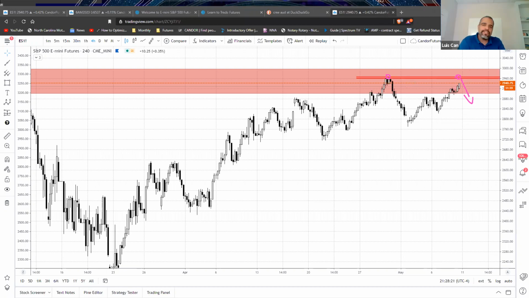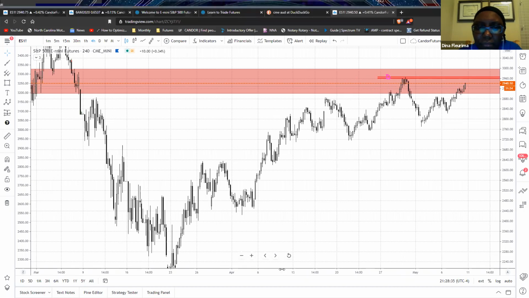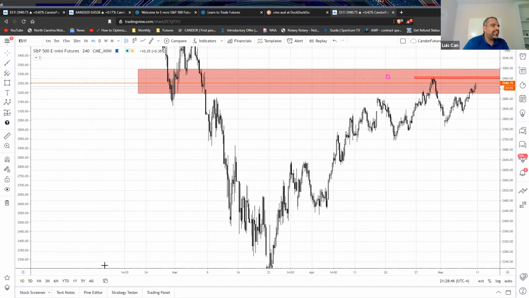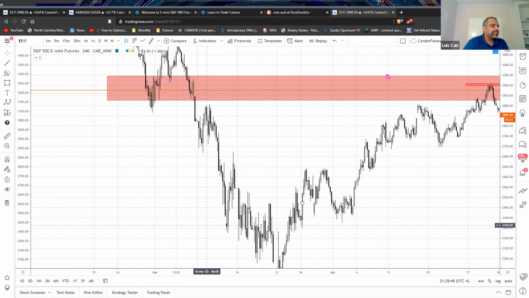Now look at this. If you see this is a double, first hit right here, right? Now let me show you this. Was that really the first time that it got hit?